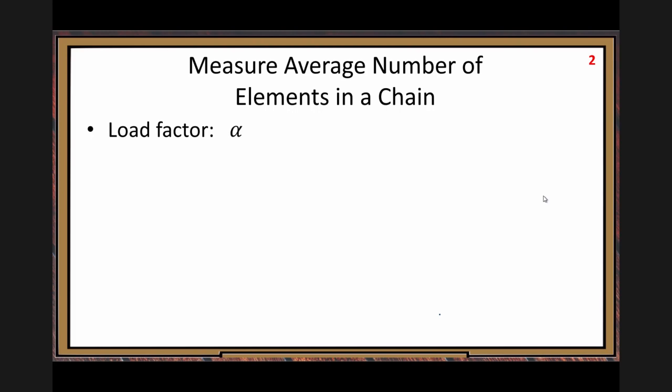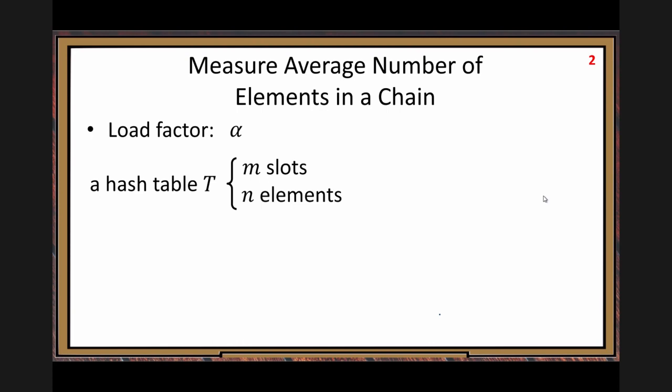So we define alpha, the load factor. So what's the alpha? Here, assume we have a hash table T. This T has m slots, and we want to map n elements, an n-element array, into this hash table.